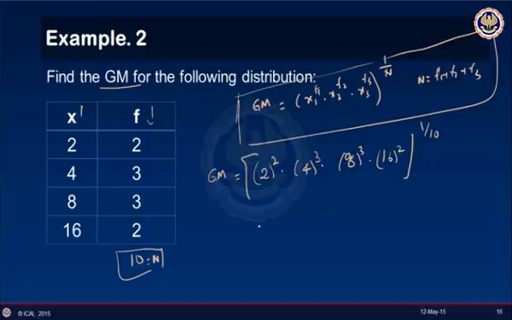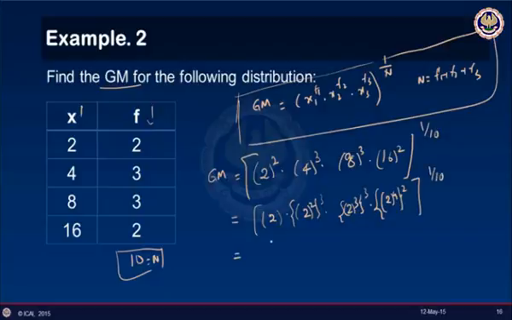Now let us look at the simplification part. If you look at this, 4, 8 and 16 are all powers of 2, so we can simply write them in the form of powers of 2: 2 to the power of 2, and 2 squared whole to the power of 3, and 8 can be written as 2 cubed whole to the power of 3, and 16 can be written as 2 to the power of 4, and 2 whole to the power of 1 by 10.